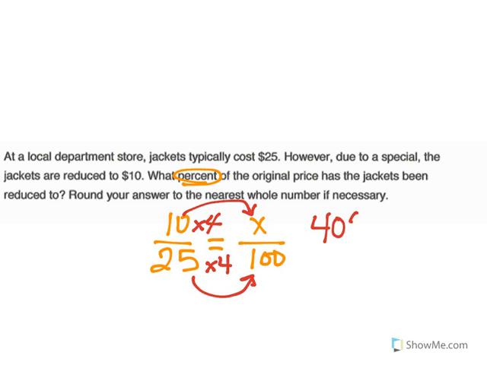So that means it's 40%. So what percent of the original price is it? It's 40% of the original price. That's a good sale. I would like to have these jackets. I want to get a sale where I'm only paying 40% because that means it had to be 60% off, right?